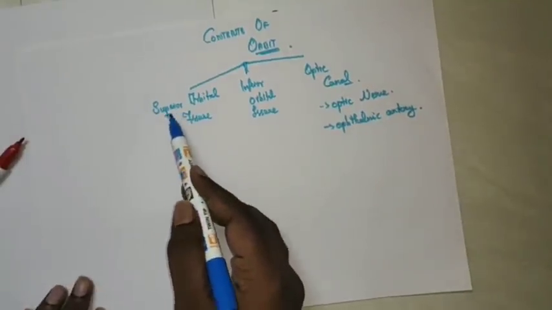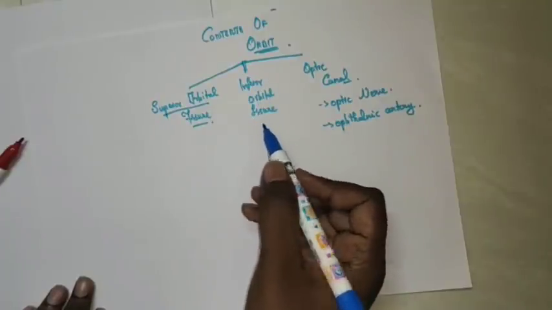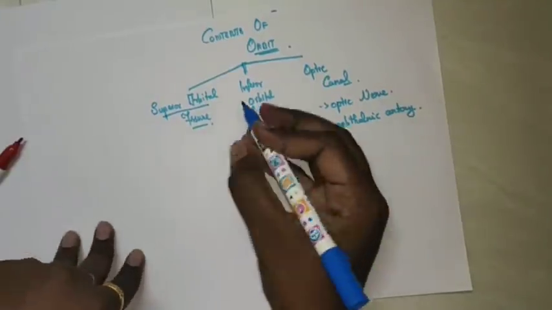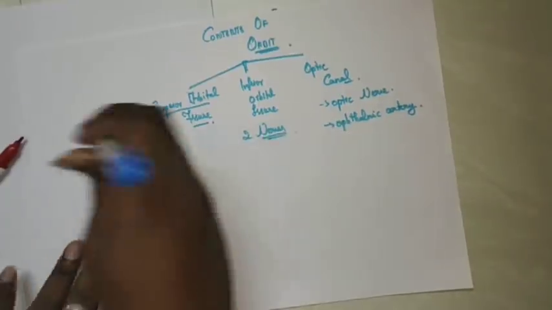We'll discuss the superior orbital fissure first, because the inferior orbital fissure just contains two things. I'll just give a brief note about it.